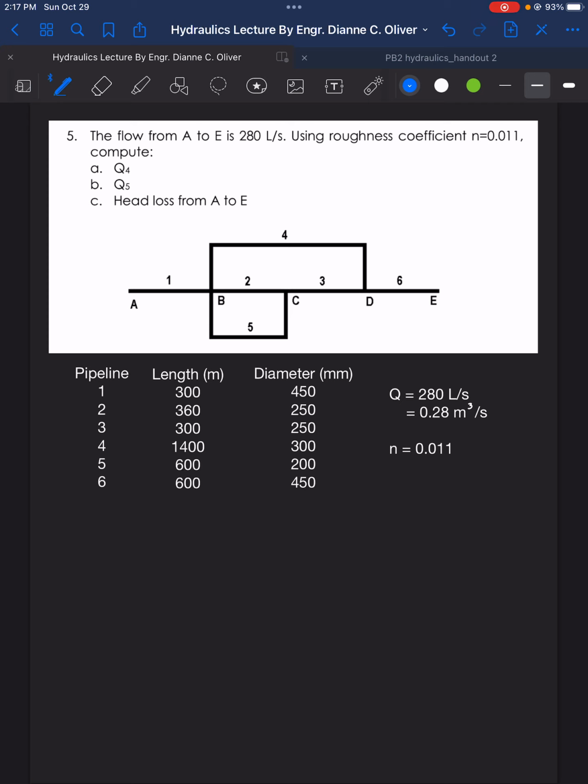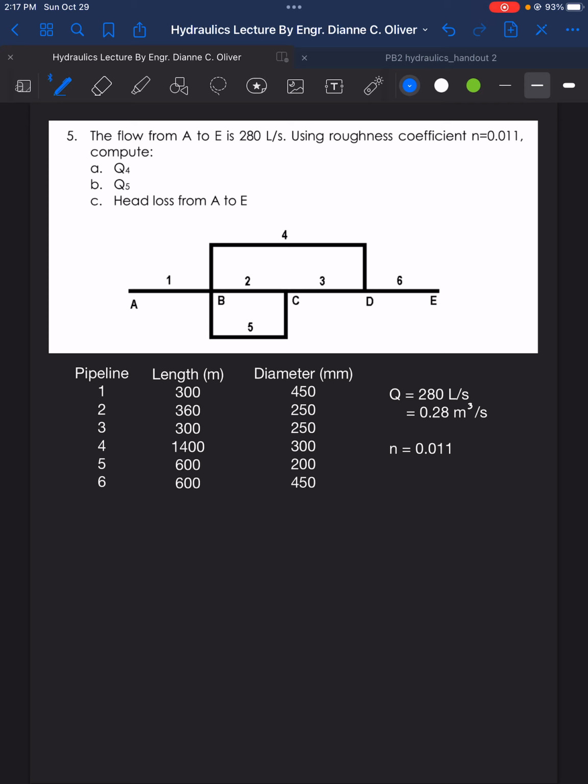The flow from point A to point E is 280 liters per second. Using roughness coefficient n equal to 0.011, compute for letter A, the value for the flow rate at pipe number 4, or that is the Q sub 4.